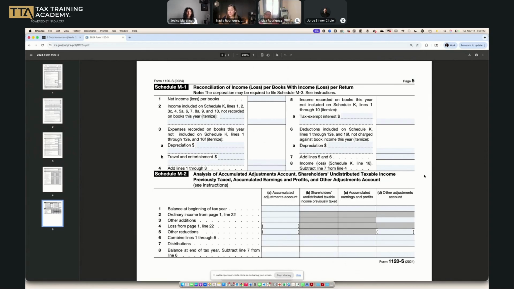One of the things about the Schedule M2, it looks intimidating, like it has 4 columns, but really this needs to be completely gone. Like I want the IRS to run a research and a survey, like who uses column B, and if nobody has used it in the past 10 years, just get rid of it, because column B is only for those S corporations that were in existence prior to 1983. And it's so rare.